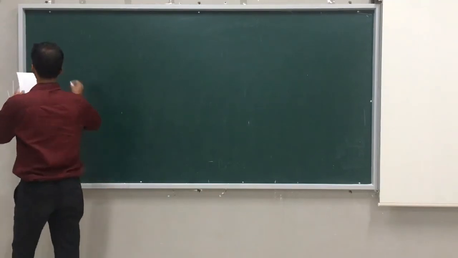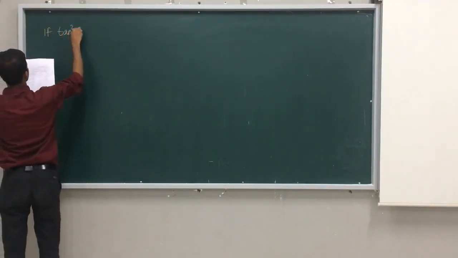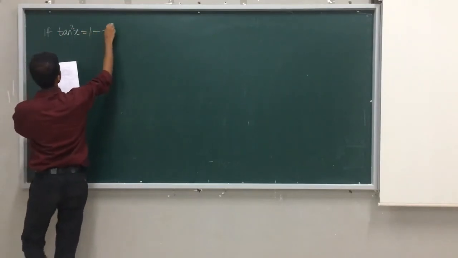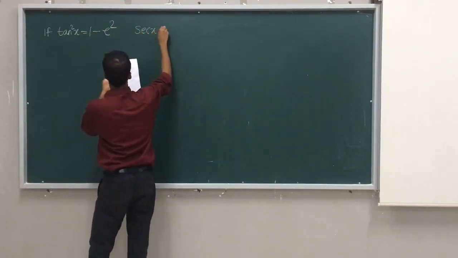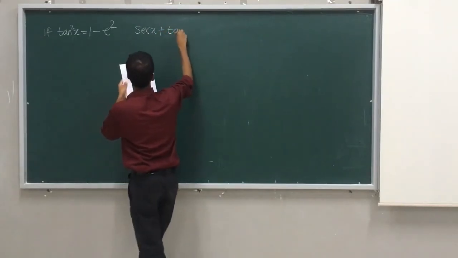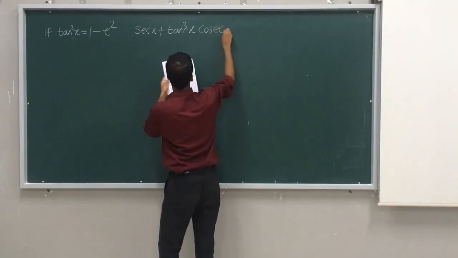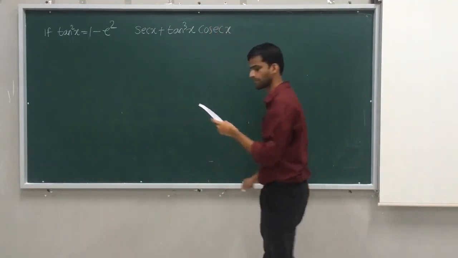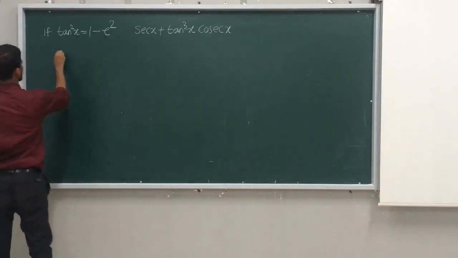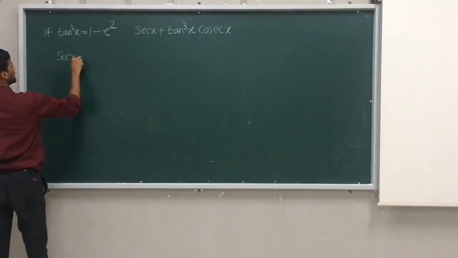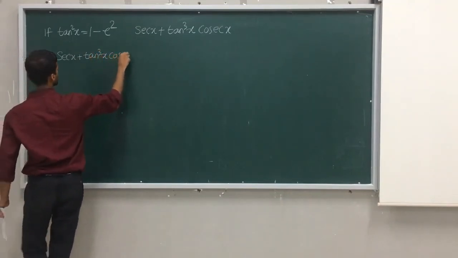If tan square x is equal to 1 minus e square, then what is sec x plus tan cube x into cosec x? Okay, this is the question. We will consider sec x plus tan cube x into cosec x.